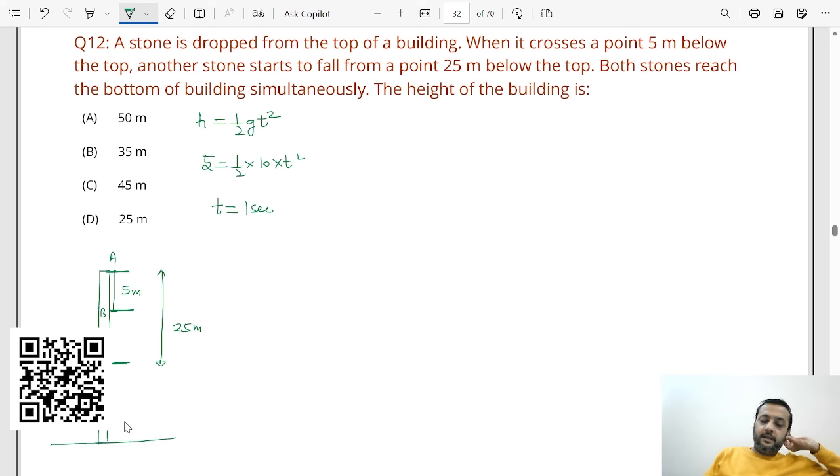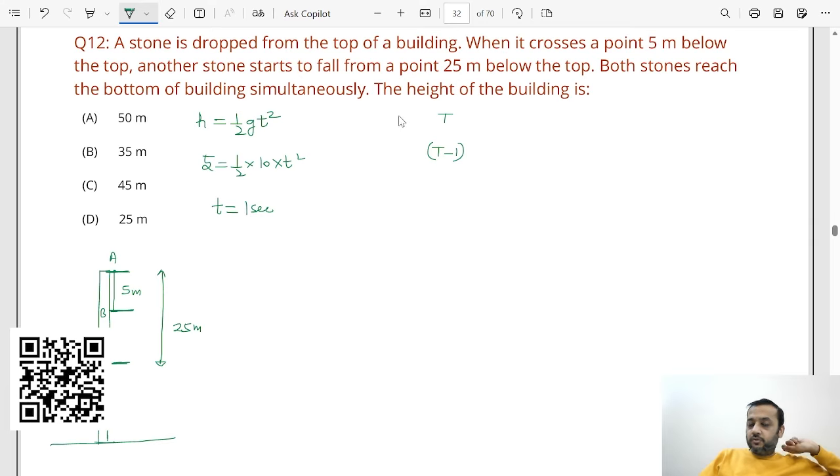So what does that mean? The second stone was released 1 second after the first stone. Yes or no? That means if the first stone travels for time t, then the second stone travels for time t minus 1. Right? The first stone falls through height h, which is the entire height of the building, and the second stone falls through h minus 25.